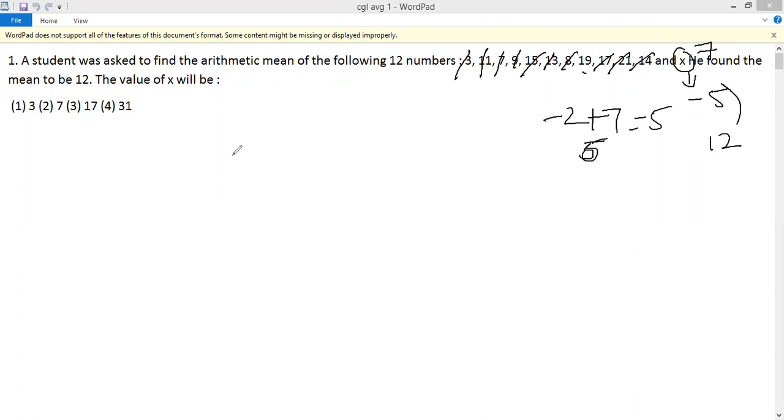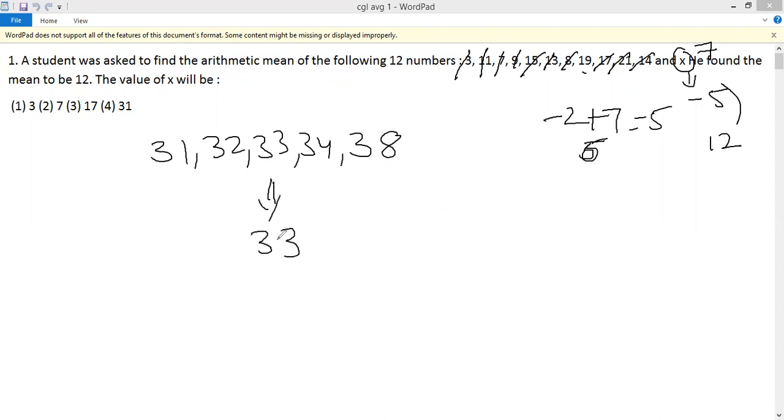Okay, average means difference from that number. Suppose, what is the average of 31, 32, 33, 34, 38? Suppose I am assuming any number as the average, say 33. Next I subtract every number from 33. What is that?